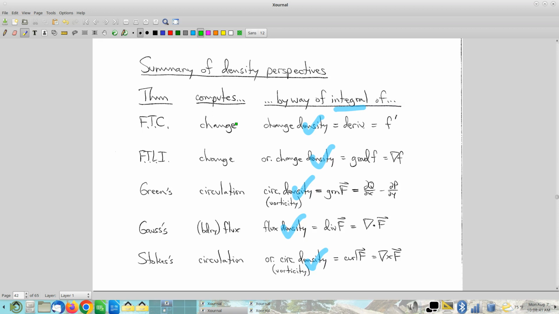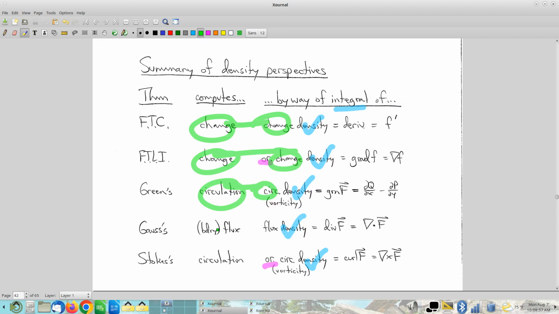So if you're computing change, then you get change density. If you're computing circulation, you get circulation density. A couple of them are oriented, true, but aside from that, change density, flux density, circulation density. Everybody good so far?